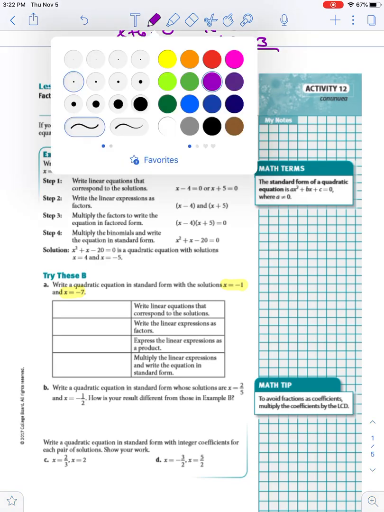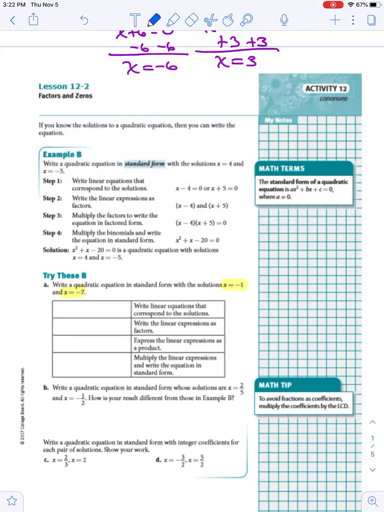The first thing that we're going to do is write the linear equations that correspond to these solutions. If x equals -1 is a solution, then it must have come from x plus 1 equals 0. And if x equals -7 is a solution, it came from x plus 7 equals 0. Those are the linear equations that correspond to the solutions.